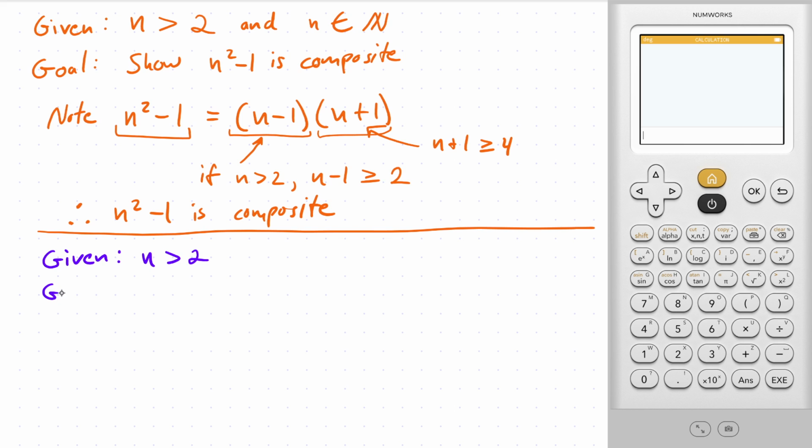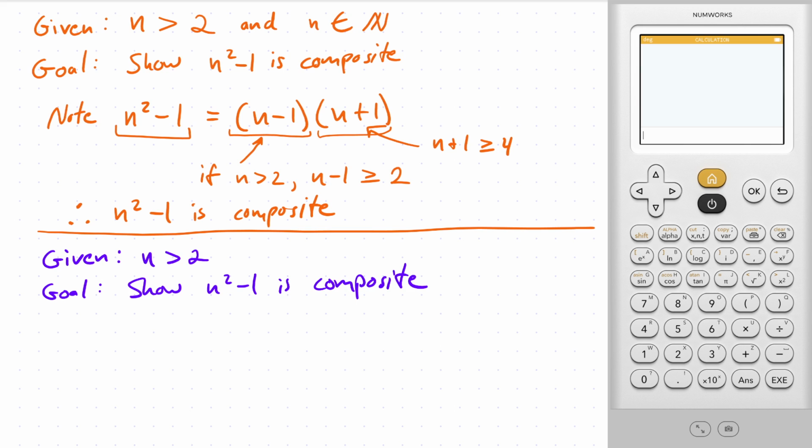Our goal is to show that n squared minus 1 is composite.